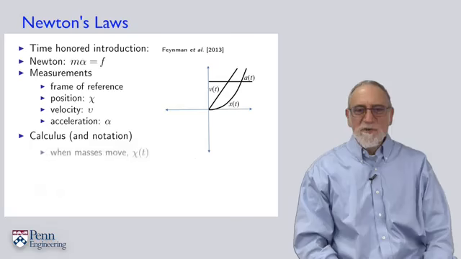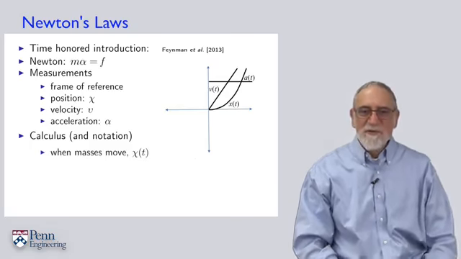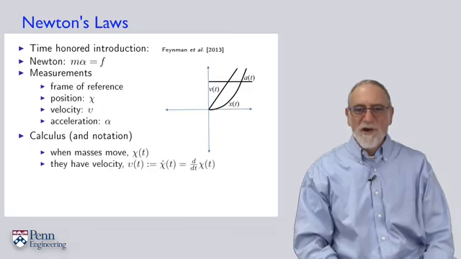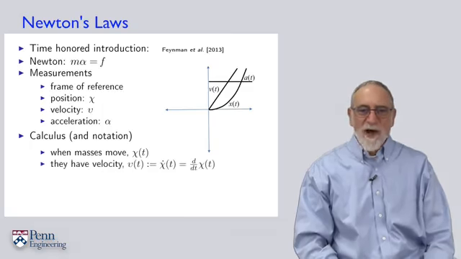Our notation will be, when masses or anything else moves, we'll use chi of t. And when we want to think about their variation in time, we'll use chi dot, that is a little dot over the Greek variable chi, to denote the time derivative of the motion chi of t.